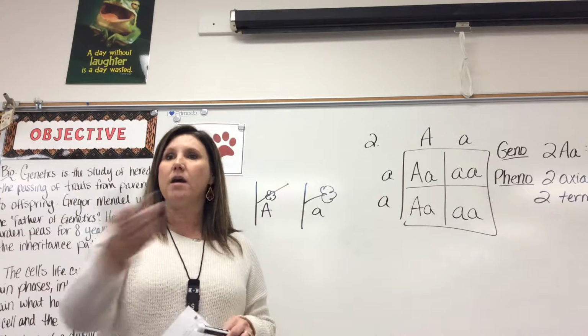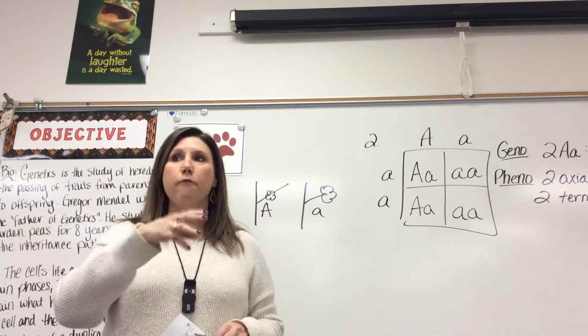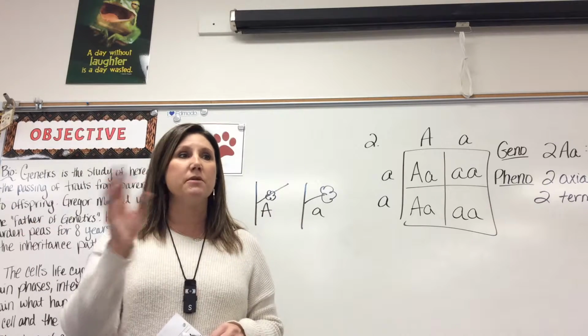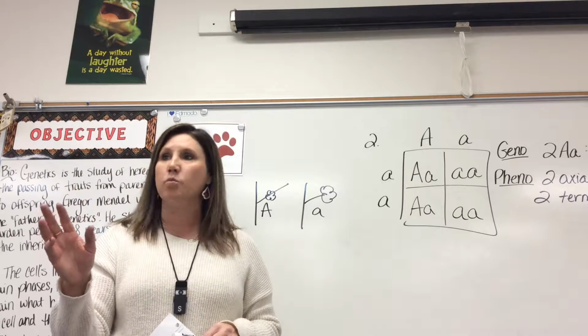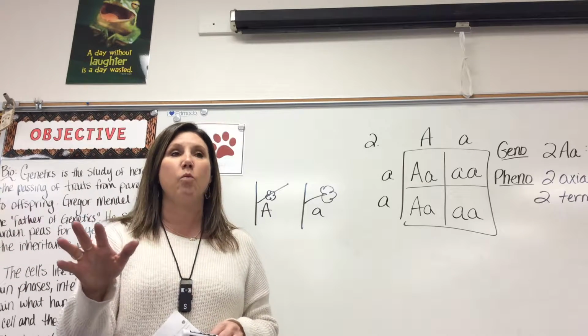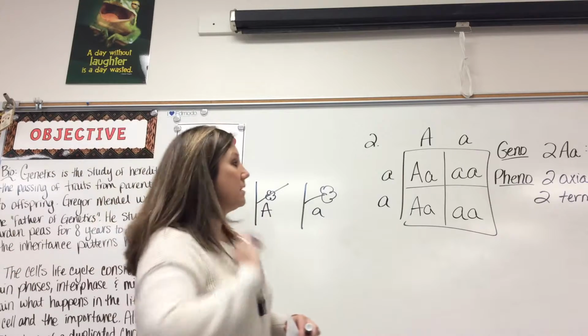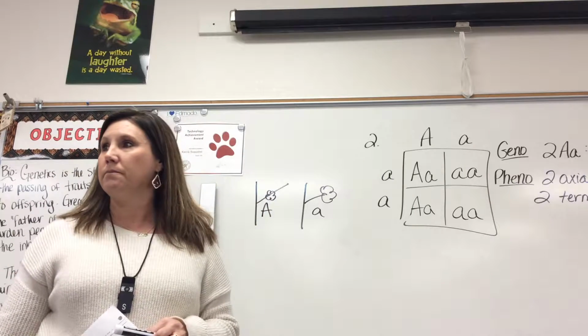I want you to be aware that that does reduce. 2 to 2, 3 to 3, 4 to 4. If it's the same number to the same number, it's the same thing as 1 to 1. Does everybody understand that? Okay? Any questions on that problem?